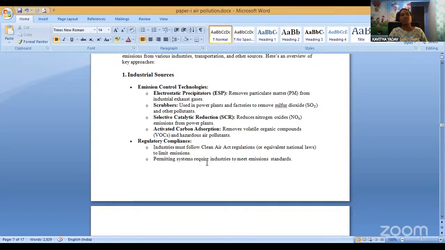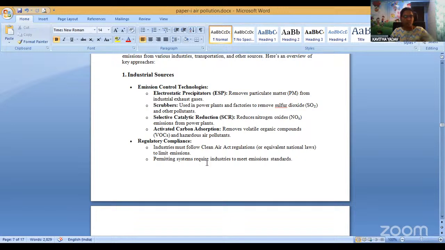Then the next one is scrubbers. We discussed scrubbers in detail with the help of a neat labeled diagram, used in power plants and factories to remove sulfur dioxide and other pollutants. The third one is selective catalytic reduction, which reduces nitrogen oxide emissions from power plants.